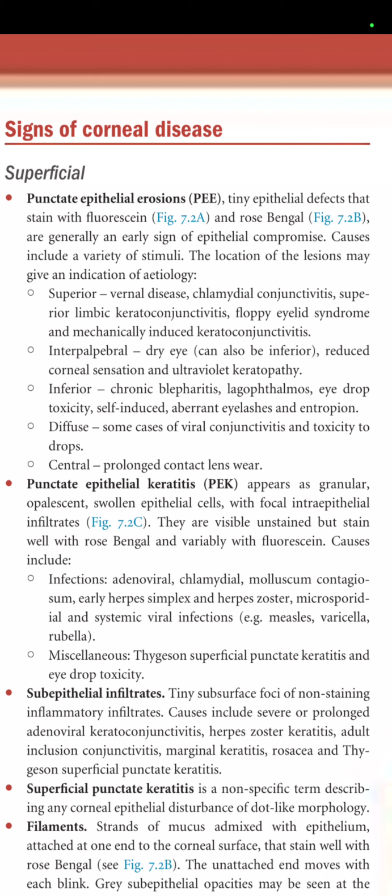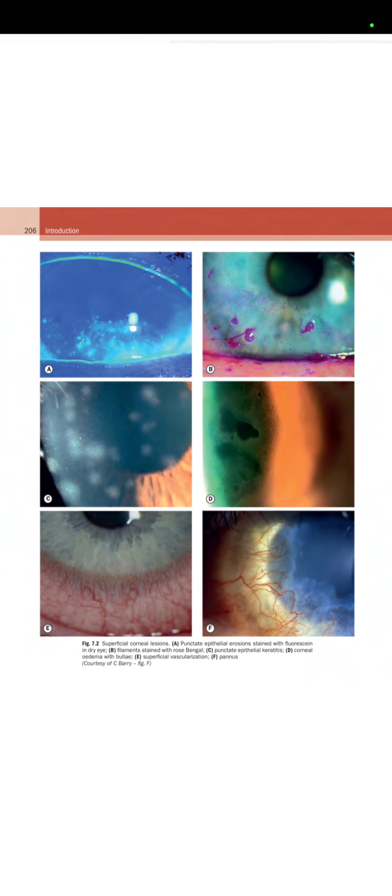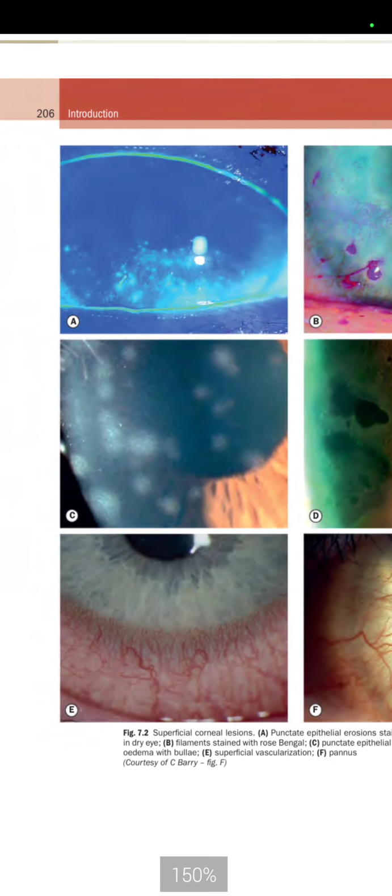Punctate epithelial erosions are tiny epithelial defects that stain with fluorescein and rose bengal, figures 7.2a and 7.2b. Let's see. So this is 7.2a, a picture of fluorescein staining under the cobalt blue filter.